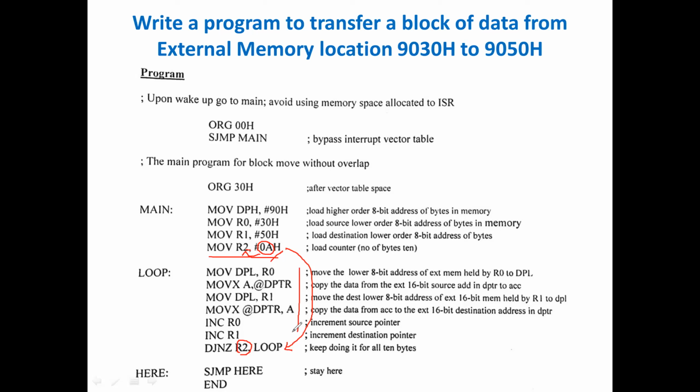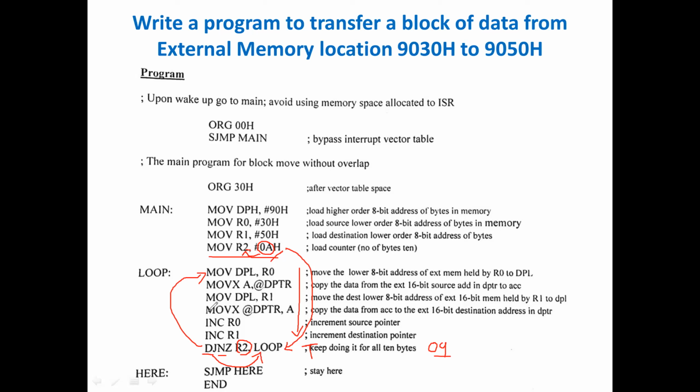After one data is copied, I decrement it so the value will be 09 now, from 0A. Then jump to the corresponding location if R2 is not 0. Yes, it is not 0, so the condition is true, and it goes to the relative address. Until the condition is false, the loop will be executed.